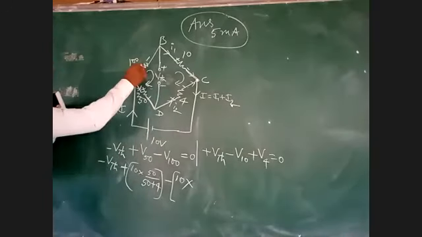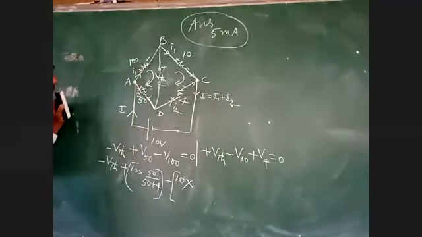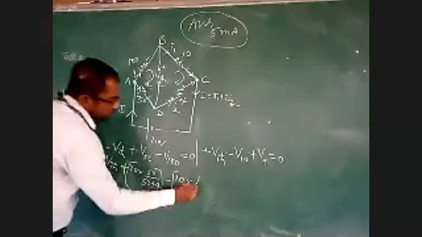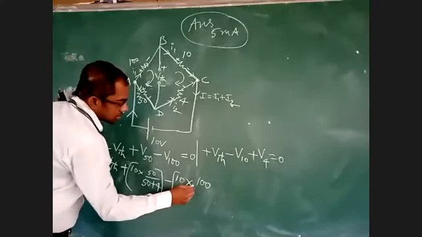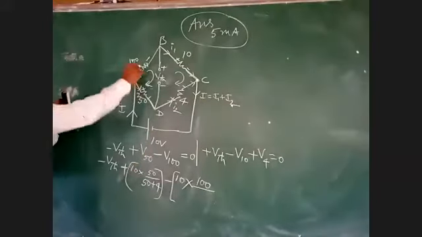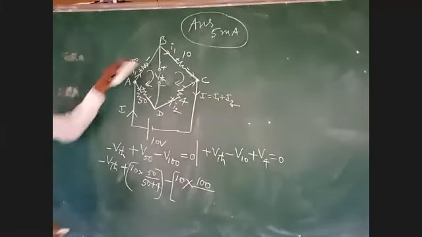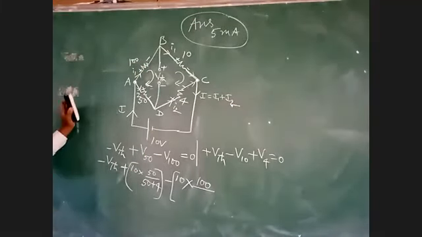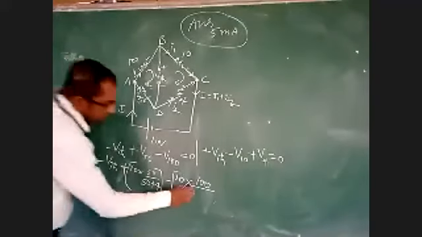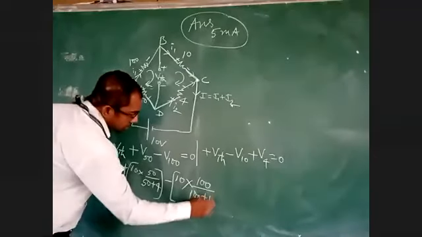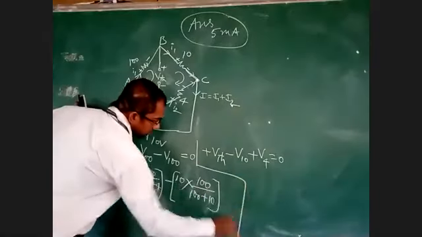We are determining at 100 ohms, so 100 by 100 plus the series resistance. Which resistance is in series with 100? 10 ohms. 10 volts, 100 plus 10.